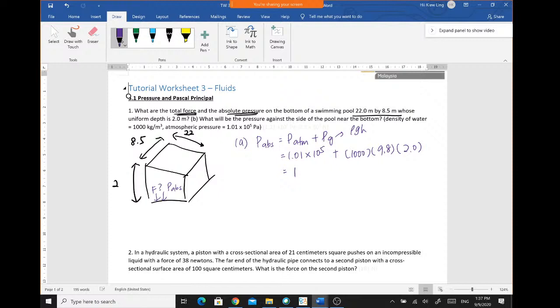So you get 1.21 times 10 to the power of 5 Pascal.